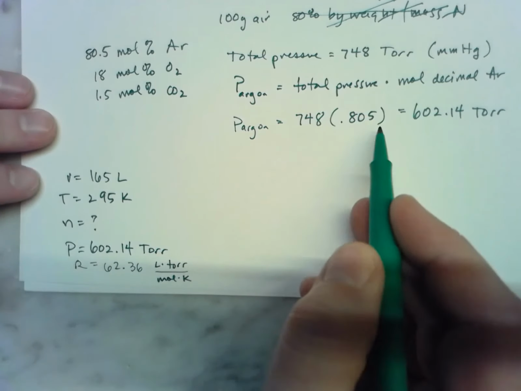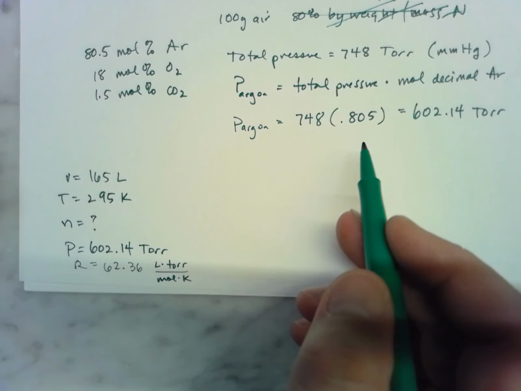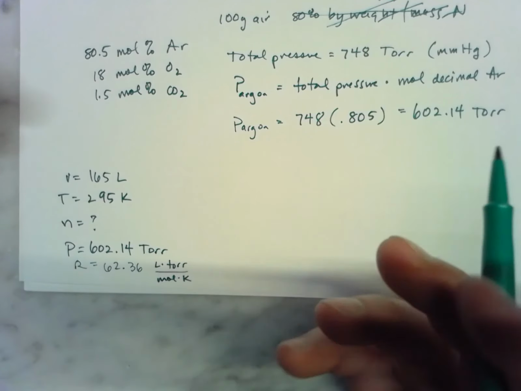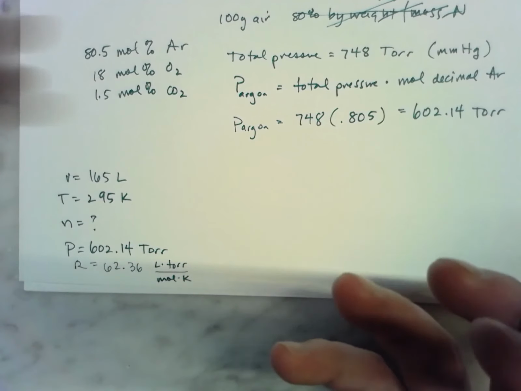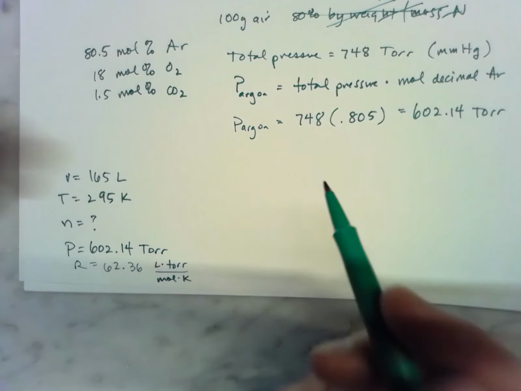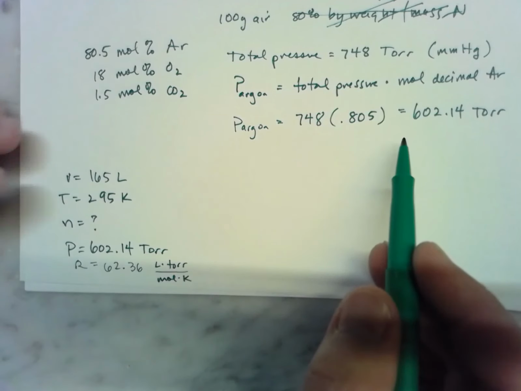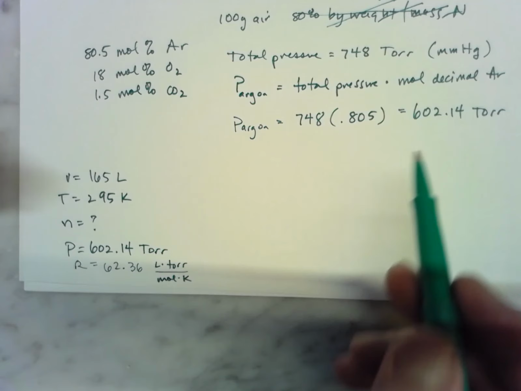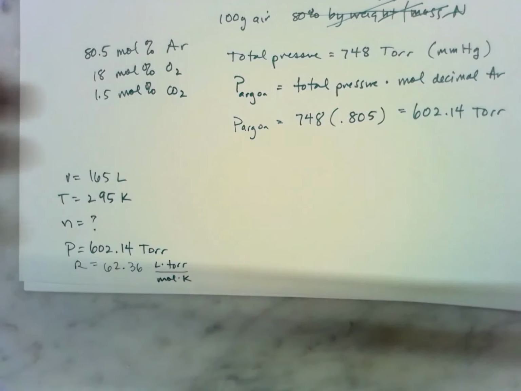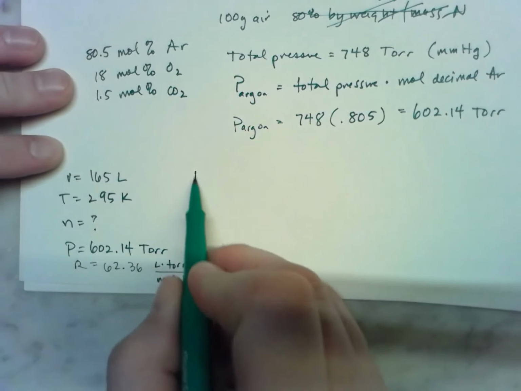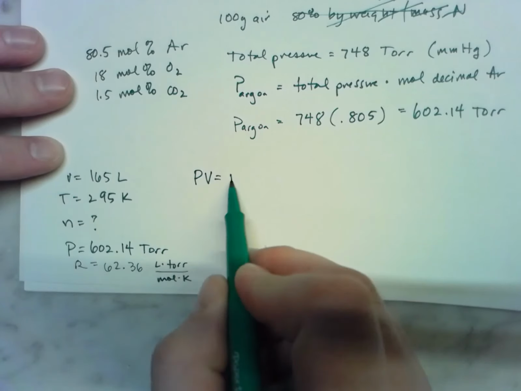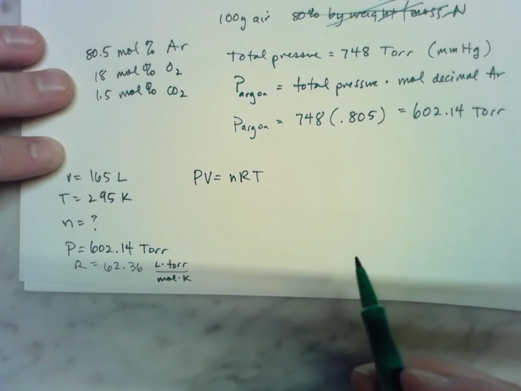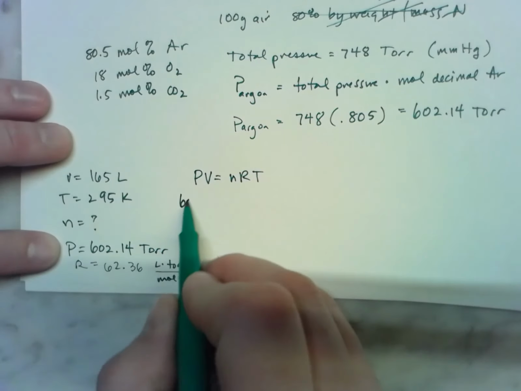Okay? So if you want to know how many moles of something are in a container, and it's part of a mixture of gases, you can, especially if you've already done it, solve for the partial pressure first, and then use that partial pressure in PV equals nRT. Okay, and I'll spare you from working another direct PV equals nRT, but of course it would look like this.